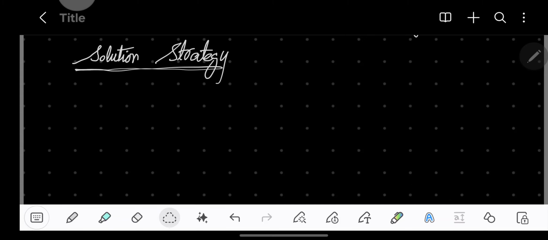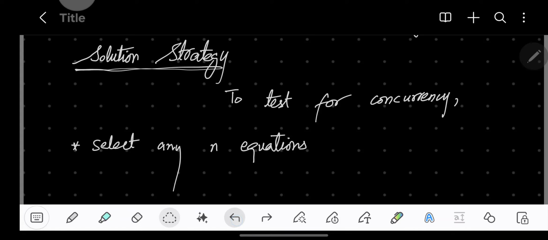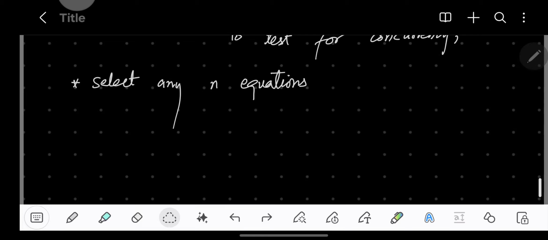Now here is the straightforward way to solve the problem of concurrency. To test for concurrency, we have the following steps. The first one is to select any n equations.